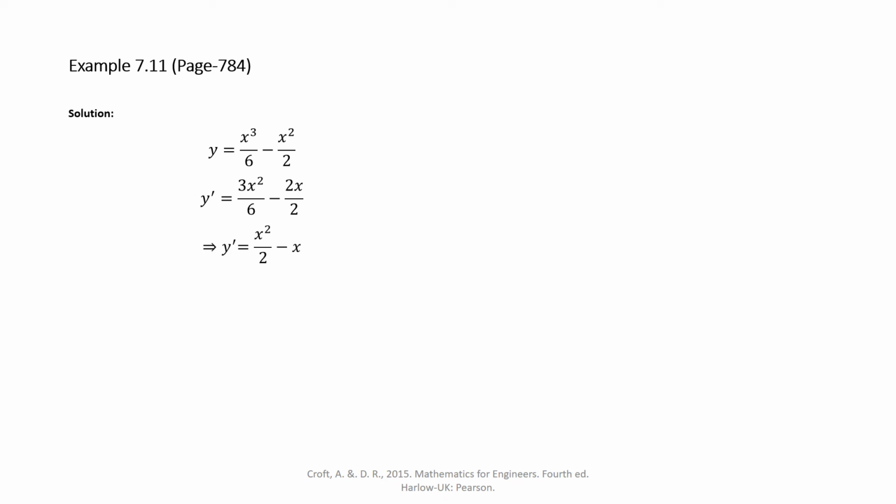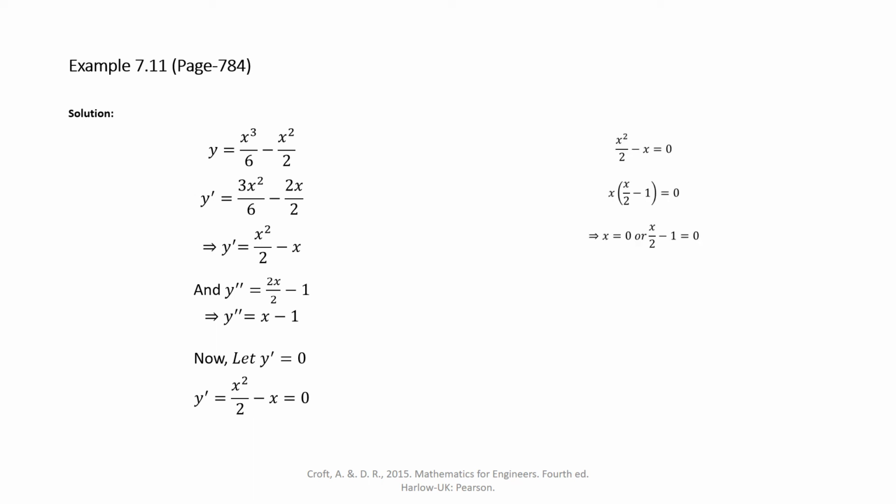As a whole, I have repeated this question on one slide. Point of inflection, then we solve it for x, 2 x values. At x equals 0, second order derivative is negative.